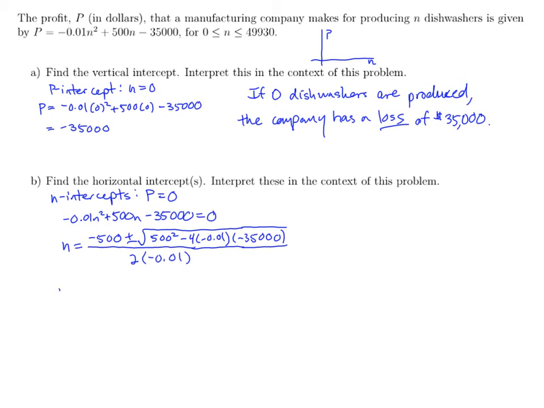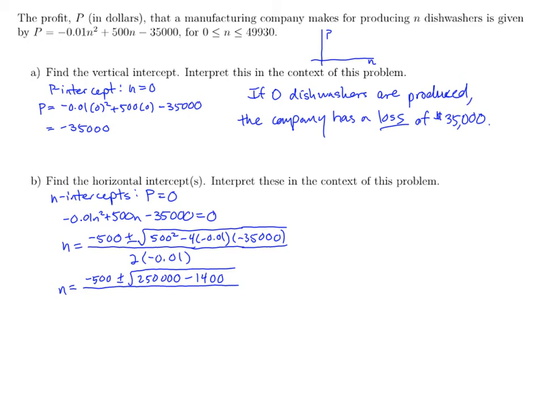Simplifying this, we'll have then that N is equal, and in that numerator, we're going to have negative 500 plus or minus, and then we'll have a square root, and inside that square root, we'll take 500 squared, which is 250,000, and then we are subtracting 1,400 when we're subtracting 4 times negative 0.01 times negative 35,000.